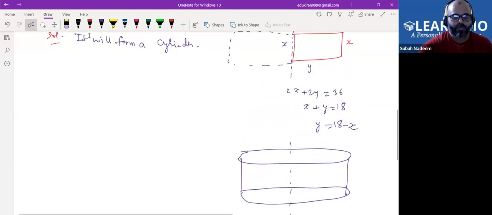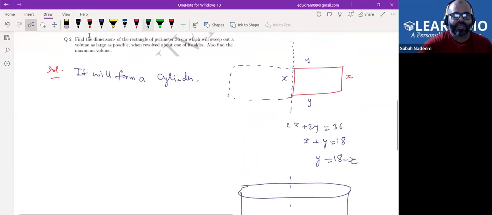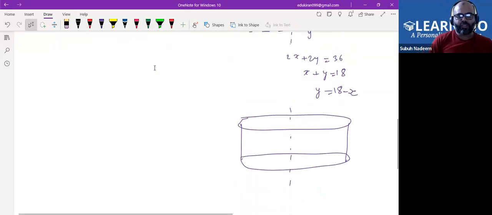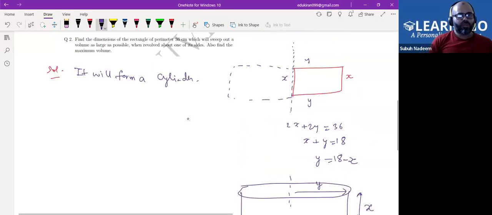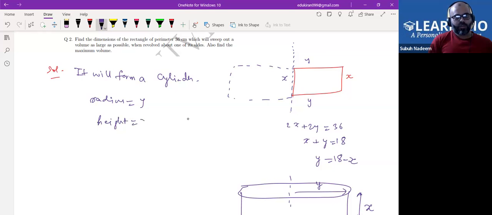So its radius will be y and its height will be x. So this is the cylinder. Now radius is equal to y, height is equal to x. So what will be the volume? The formula is pi r square h, so it will be pi y square into x.